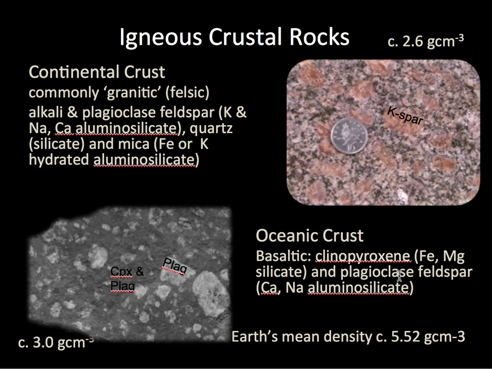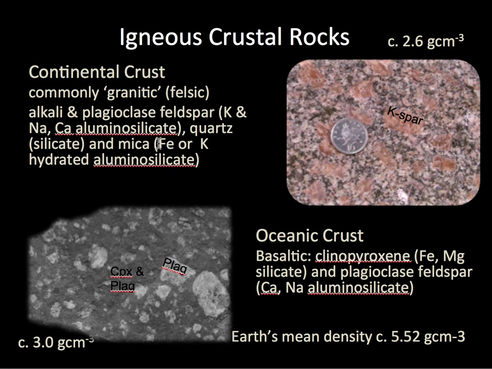Okay, they have plag, which tends to be the calcium, sodium, aluminium, silicon, oxygen, which is the same as the granitic rock, but they don't tend to have this potassium end member in. That's not really there. And in the pyroxene, they have iron and magnesium and silicon and oxygen.